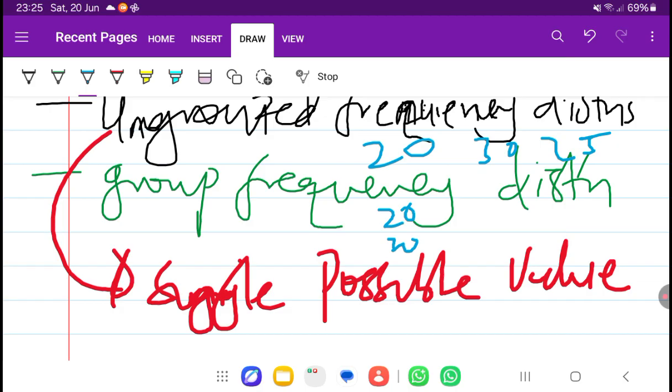We are dealing with small samples, maybe a sample of 50 people, or let's say 20 people. So we can go ahead and do the ungrouped. Let's look at the example to provide us an understanding.